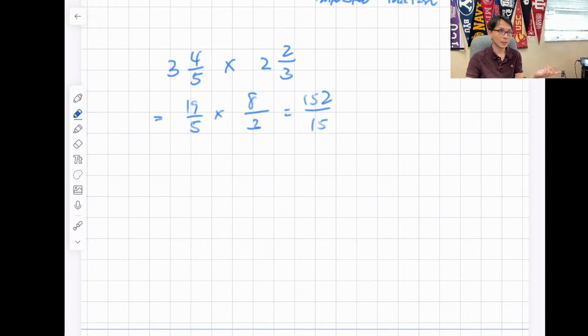Now, how many of you guys don't know how to add fractions? You do know? I don't need to go over it. Okay, you told me what this is.